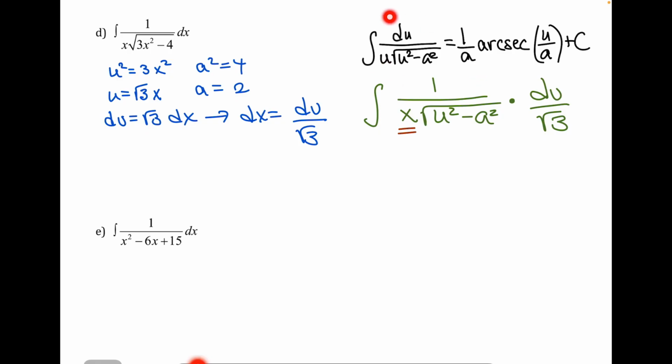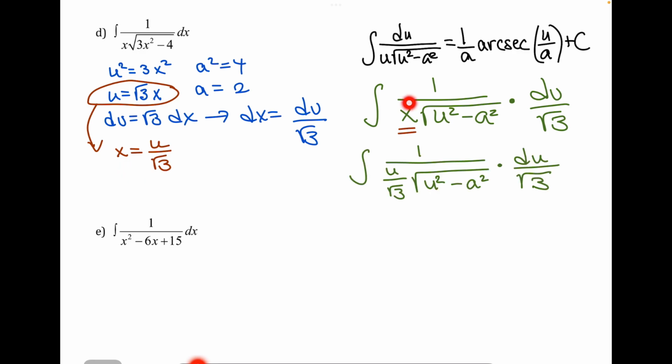I need it to fit the pattern I have above. So I need to replace that x that's outside of the square root with something that involves a u. And if u is root 3 times x, I can actually solve that for x. And x would have to be u divided by root 3. So I'm going to replace that x outside of the square root with u divided by root 3.